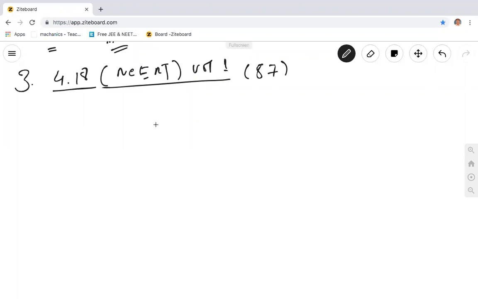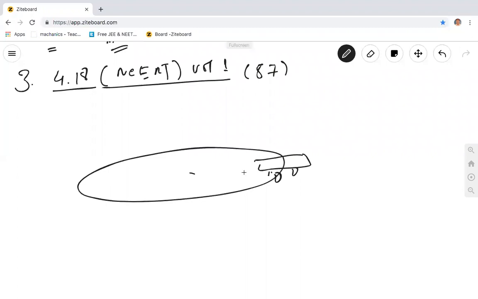Compare its centripetal acceleration with the acceleration due to gravity. It is an aircraft in space, moving in a circle of 1 kilometer radius, with a speed of 900 kilometers per hour. We have to find its acceleration.